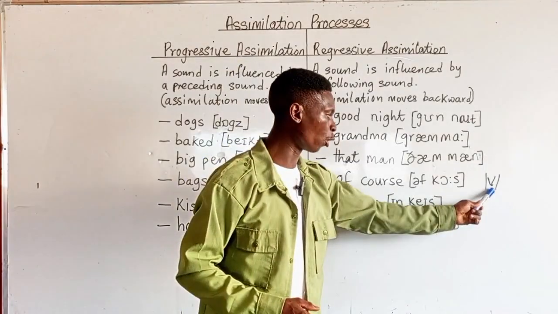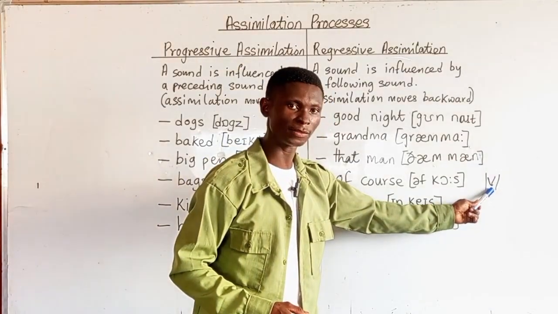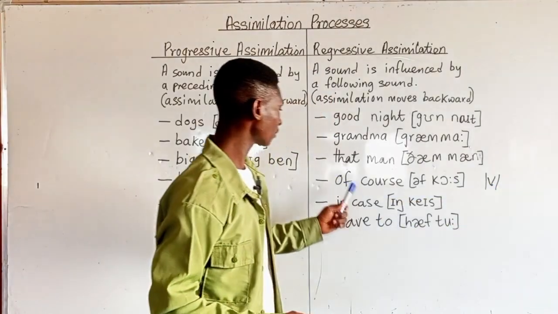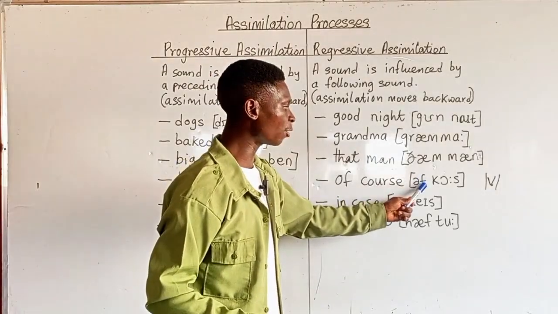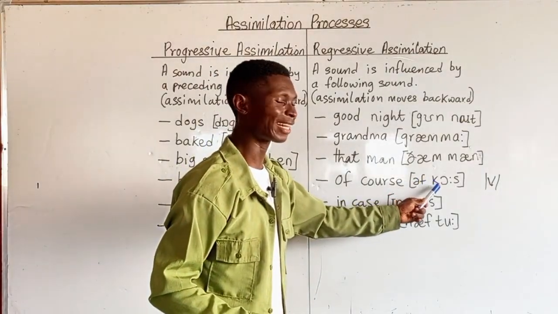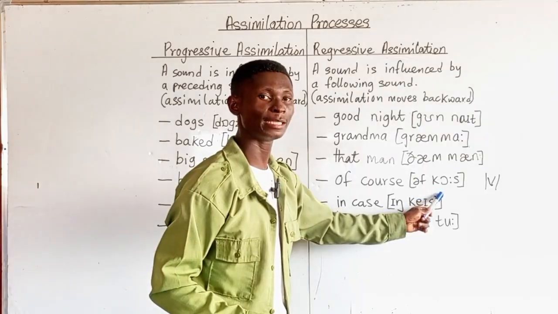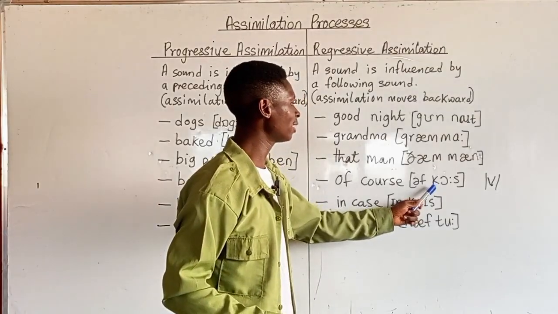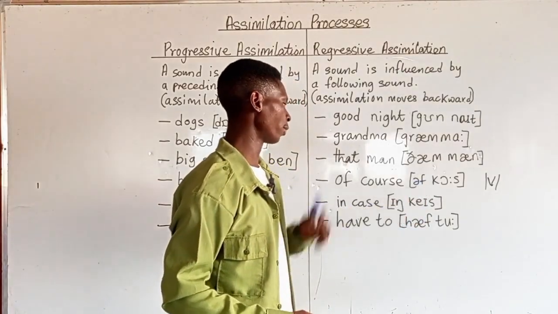So this voiced labiodental fricative sound changes to the voiceless labiodental fricative sound, in order to go with the k, which is a voiceless velar sound. So note that the assimilation here moves backward.